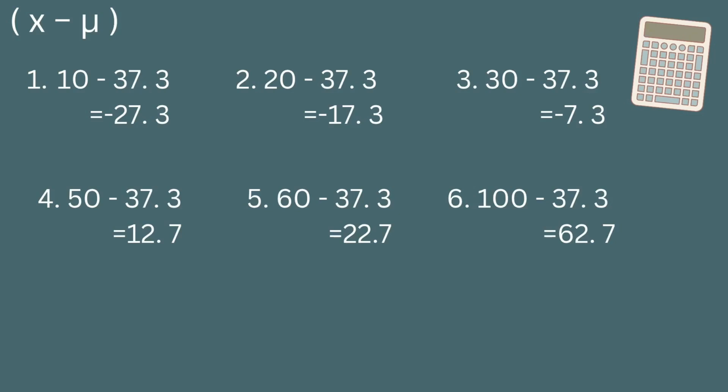Our mu or the mean earlier was 37.3. So we will just subtract from our x, which is the student's expenses daily of the gas biology, the mean.